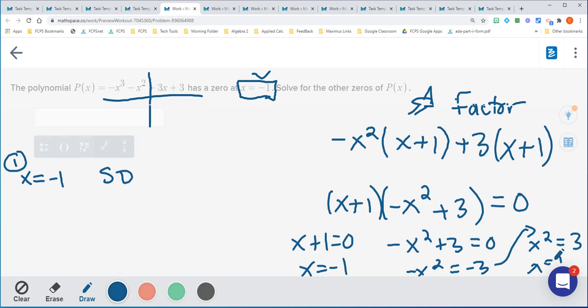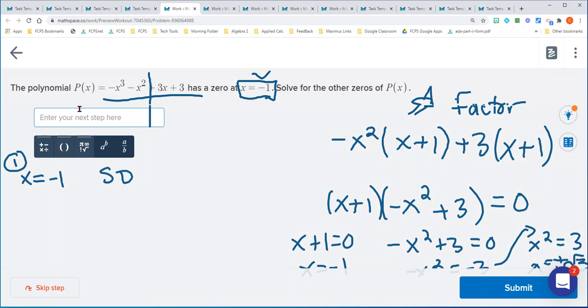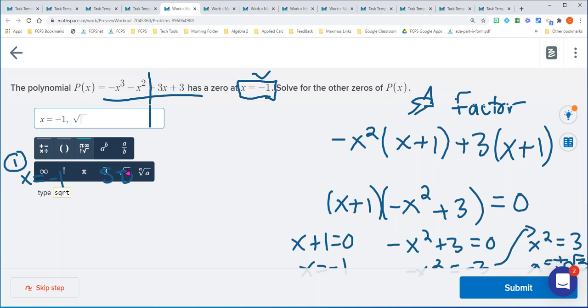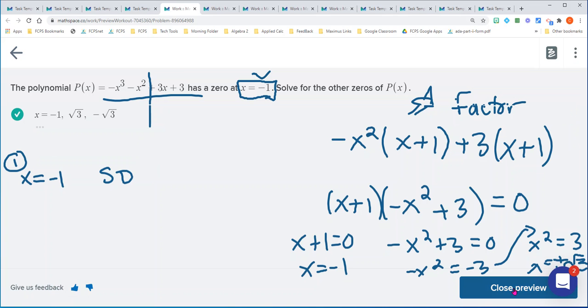X equals plus or minus root 3. X equals negative 1, root 3, negative root 3. Submit. Yay.